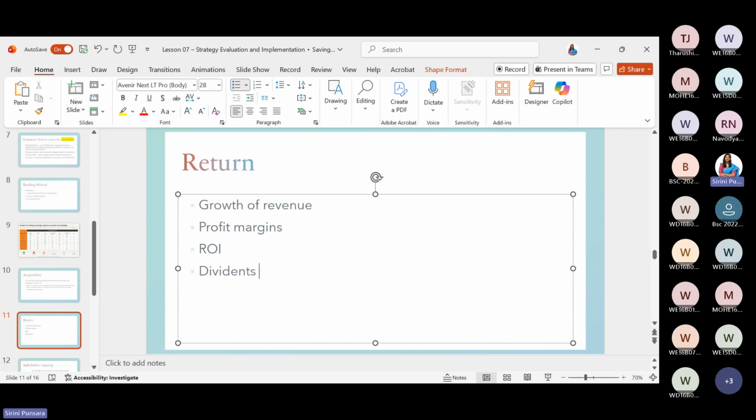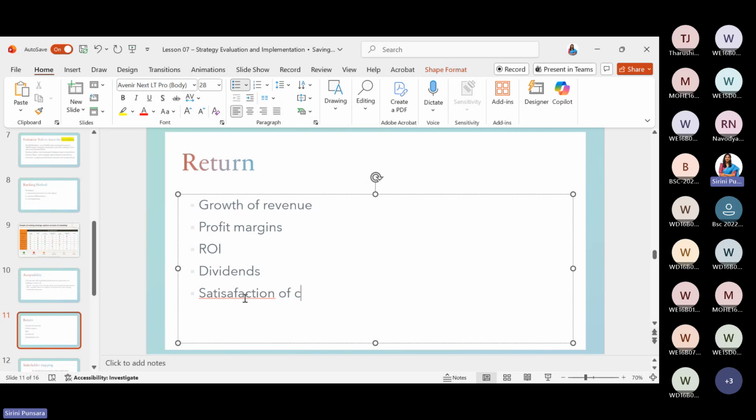So in terms of these, we can measure return. Return in the sense, what is the return that stakeholders can gain? And also maybe satisfaction we can take. So these are financial measurements. Non-financial measurements are also there.